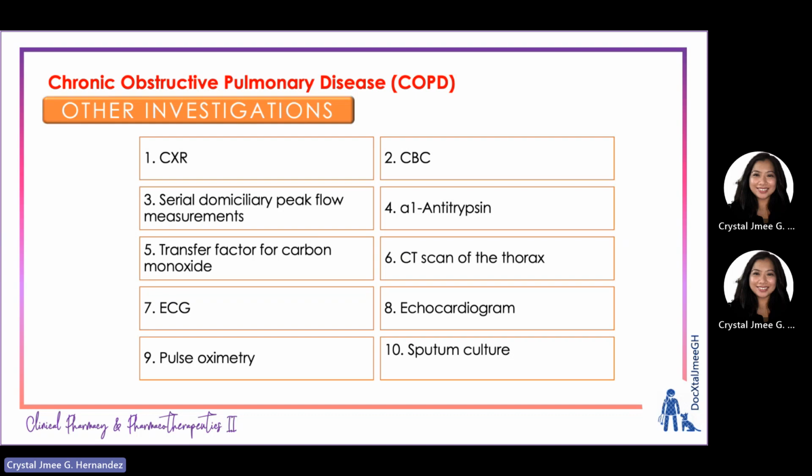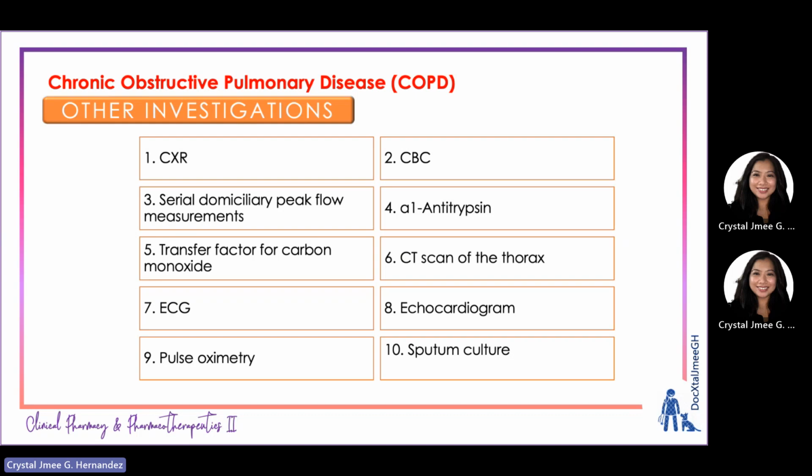Likewise, this is used if a patient is being assessed for suitability for surgery. Number 7, ECG, is to assess cardiac status. Remember, we have also a condition called cor pulmonale. So if we would rule out such, echocardiogram would do the same, it would assess cardiac status.